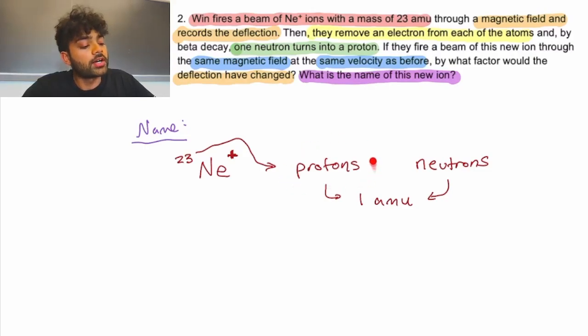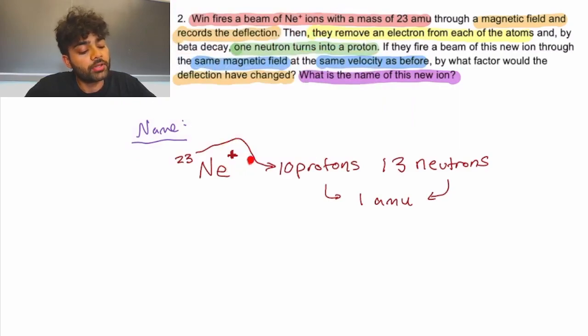Our number of protons is the same as our atomic number, and we can find our atomic number by looking at the periodic table. So neon is atomic number 10, therefore we have 10 protons. Now, we know that the 10 protons contribute 10 AMU out of our total 23, so we must have 13 neutrons.